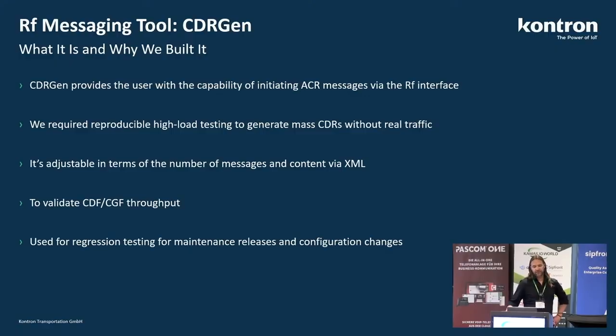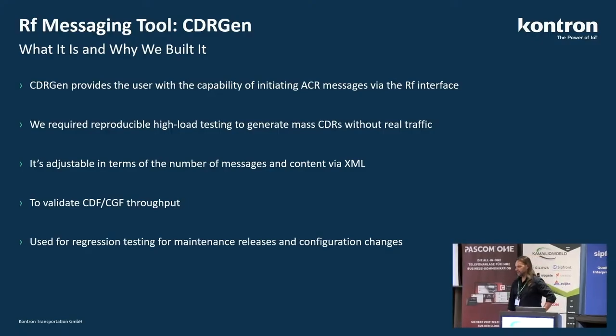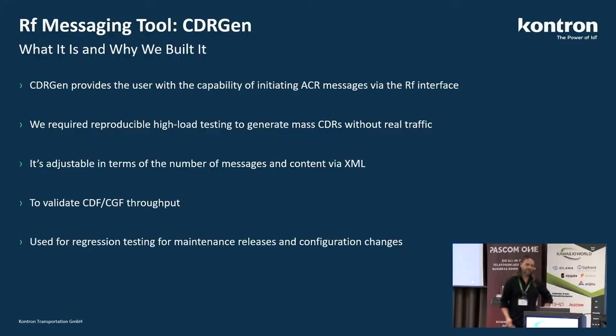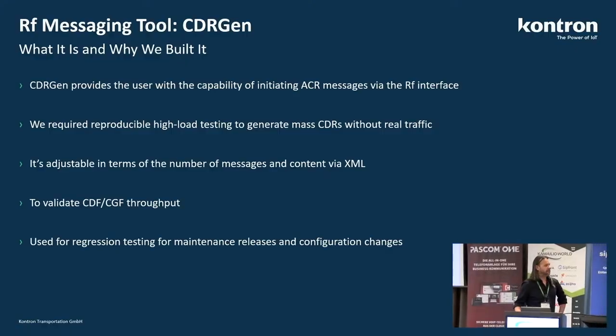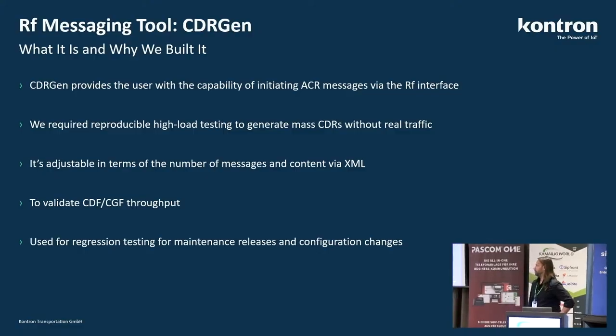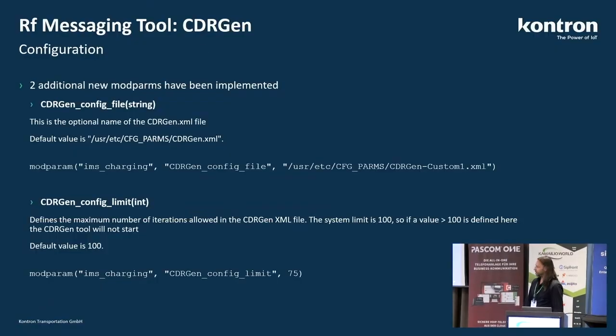Why did we do it? It provides, via kamcmd, the possibility to generate massive CDRs without having real SIP traffic. This helped us a lot to validate the CGF throughput, and finally also on the billing mediation side, and we still use it for easy regression and maintenance testing when we do bug fixes on new releases. So that's the CDRGen tool.